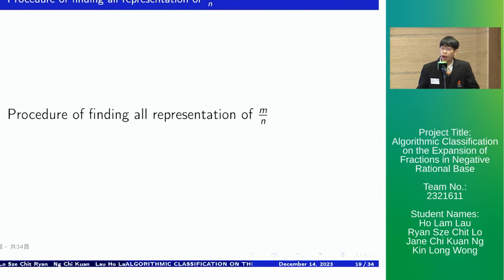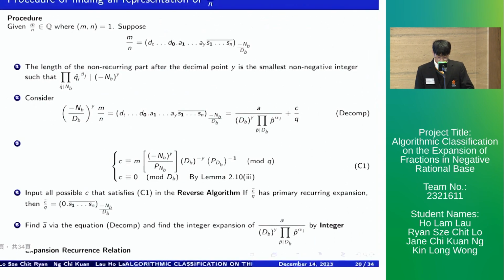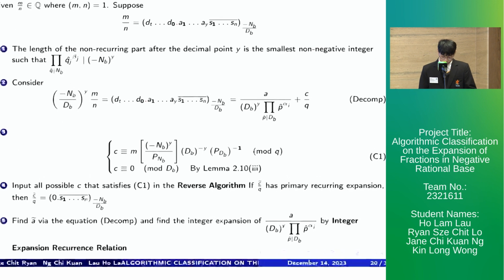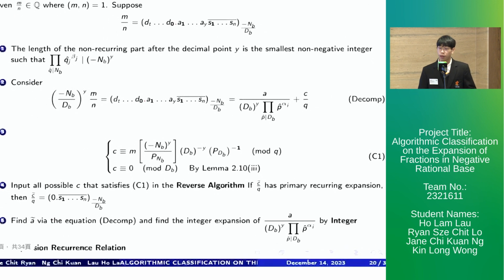But now we'll try to find all representations of M/n. Unlike base 10, the recurrent expansion in a general base is non-unique. The initial steps of finding all representations are basically the same, but to find all representations, we need to find a condition with which we limit the number of C that we'll test.